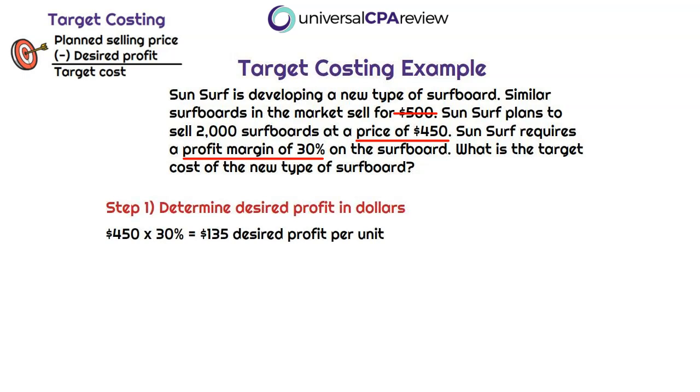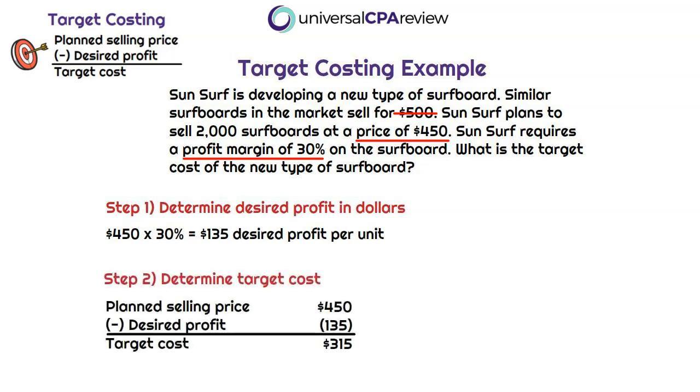Well, if they plan to sell for $450, then all we need to do is say 30% of that needs to be our profit. So in step one, we can calculate the desired profit in dollars by just taking $450 times 30%. That means $135 of each unit needs to become the profit, right?